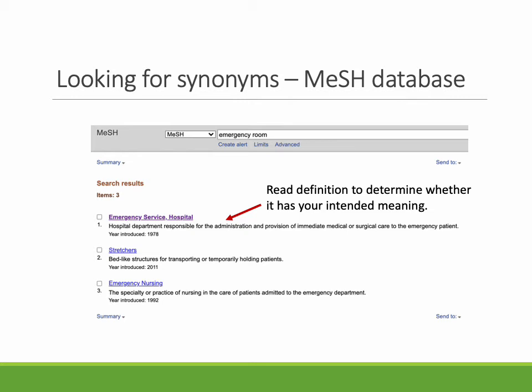The hyperlink that's in blue or in purple is the actual MeSH term. And underneath it is a definition of what PubMed means when it uses that particular word, that particular phrase, that particular label. So I need to make sure I read that definition, and if it matches the kind of articles I'm looking for, then I click on that particular label.